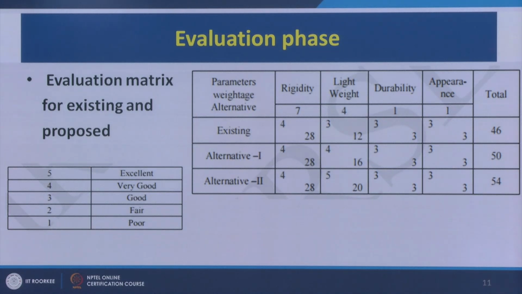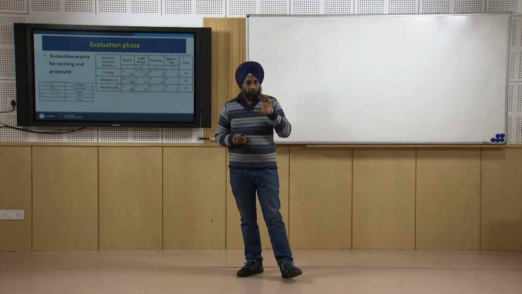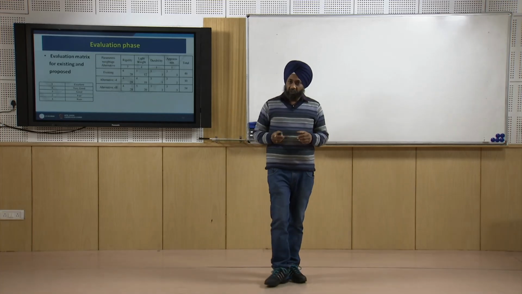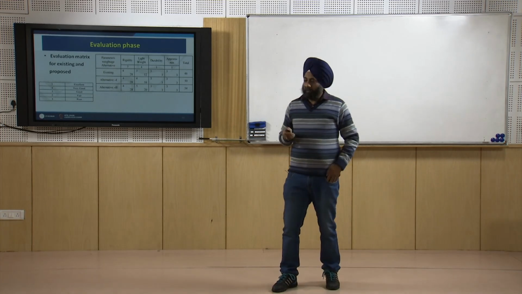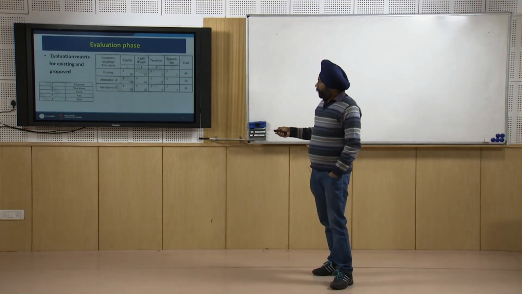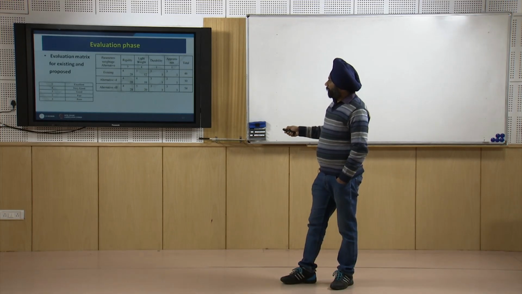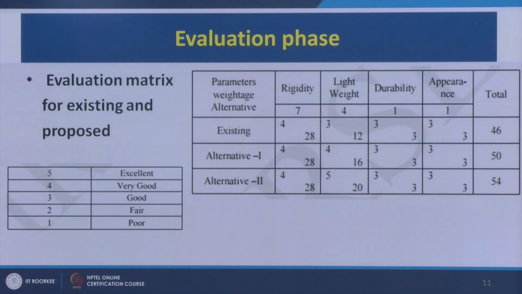Maybe you can collect data from customers or do test marketing where people use these products for a specified period of time, and then you can give the scores. For the existing design, from a rigidity point of view, a score of 4 is given. For alternative 1 again a score of 4, and for alternative 2 again a score of 4.